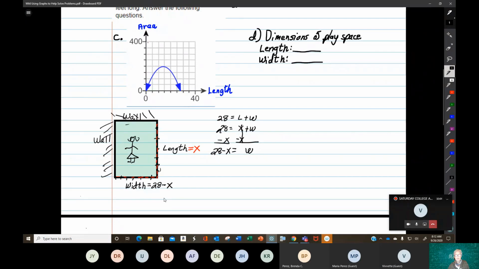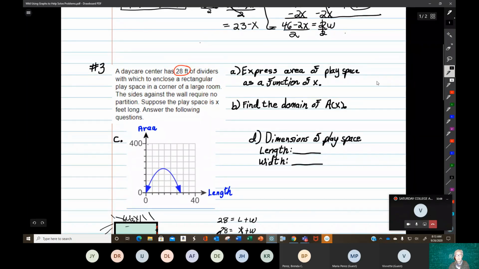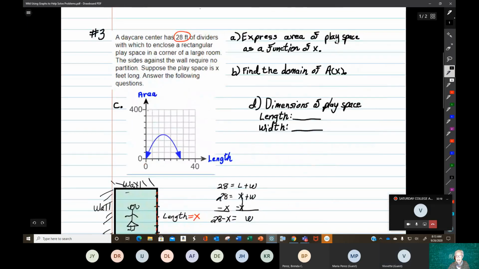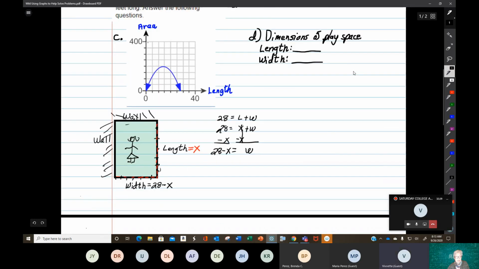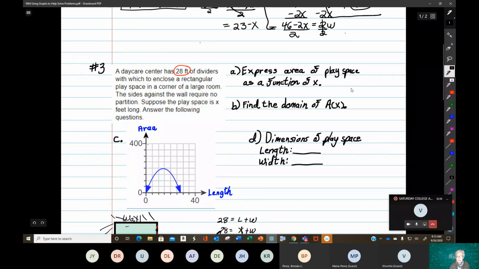And now we're ready to start answering the questions. Now I knew to do this because I had already read the first question. So you probably wouldn't do it until you had read the first question. And that is just like this problem up here. Express the area of the play space as a function of x. Well, since we're old hands at that, we can do this now. It's going to be length times width. Area equals length times width.